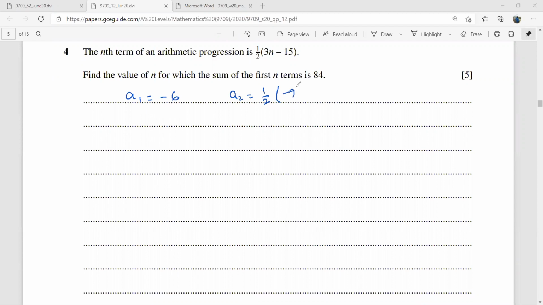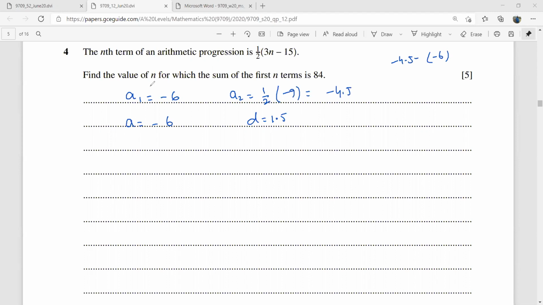That is minus 9. It is minus 4.5. That is enough. So this means my A is minus 6 and my D is minus 4.5 minus 6. So that is 1.5. Okay, this is 1.5.